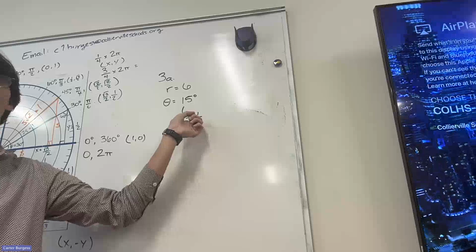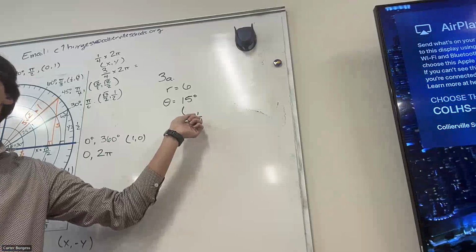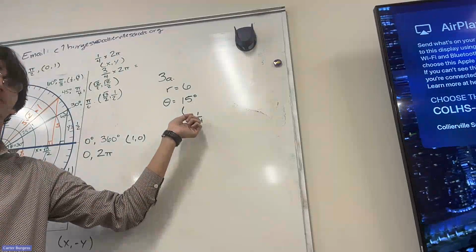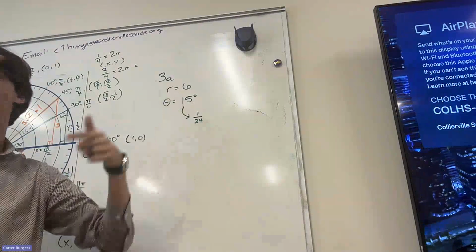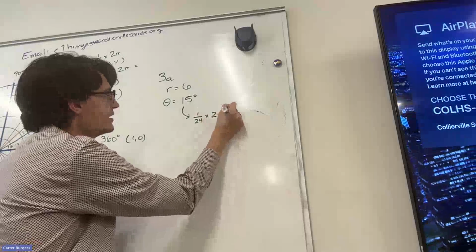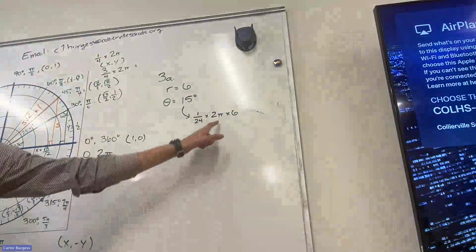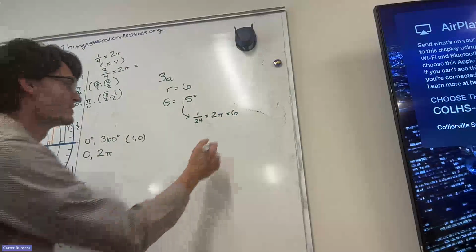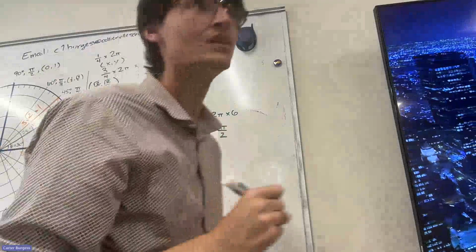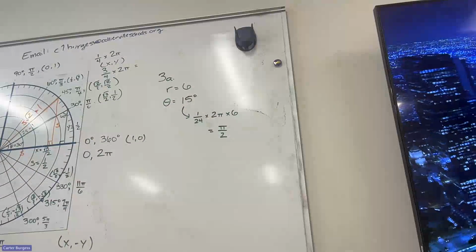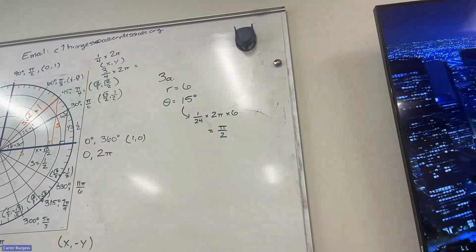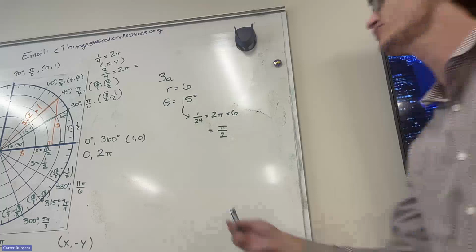I want to find 1/24th of what measure for arc length? 2 pi r, the circumference. So 1/24th times 2 pi times r. 12 pi over 24. This becomes pi over 2. Or you could leave it as 1/24 times 2 pi times 6. That's fine too. Pi over 2 is just a nice simplification.